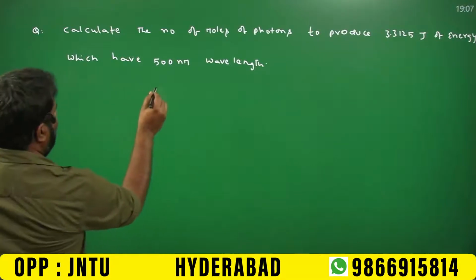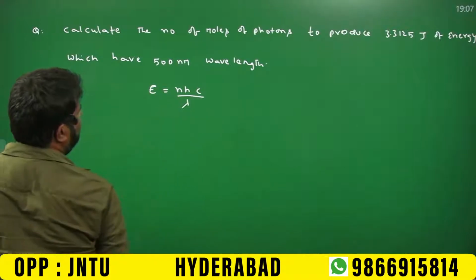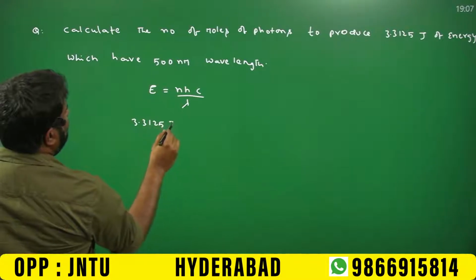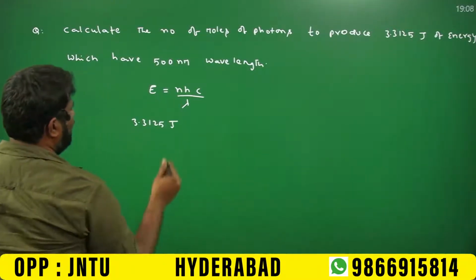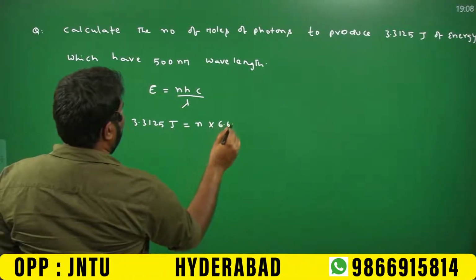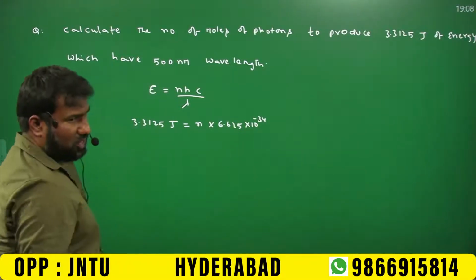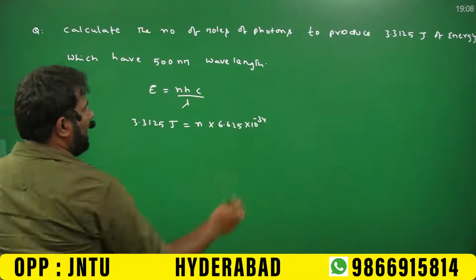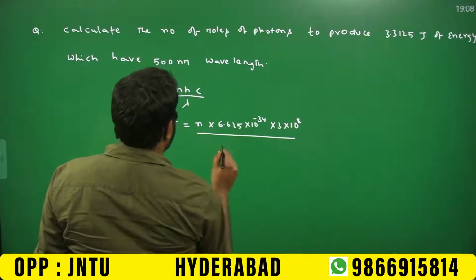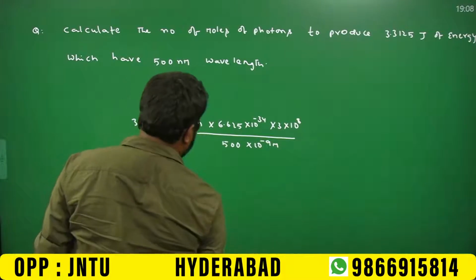So what is the formula? Energy equal to nhc by lambda. Energy is given as 3.3125 joules. We need to find n. The h value is 6.625 into 10 power minus 34 joules, c value is 3 into 10 power 8, and lambda is given as 500 nanometers. 1 nanometer equal to 10 power minus 9 meters.